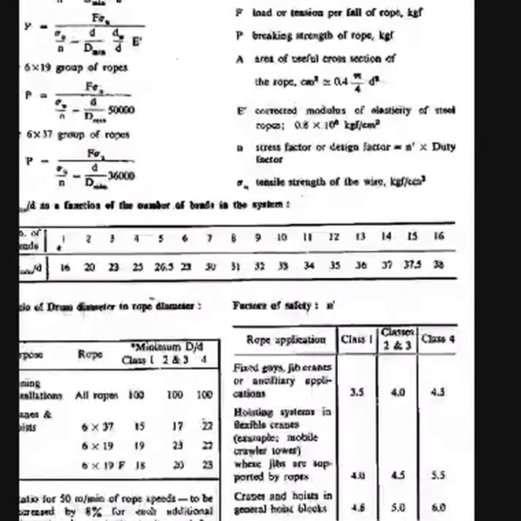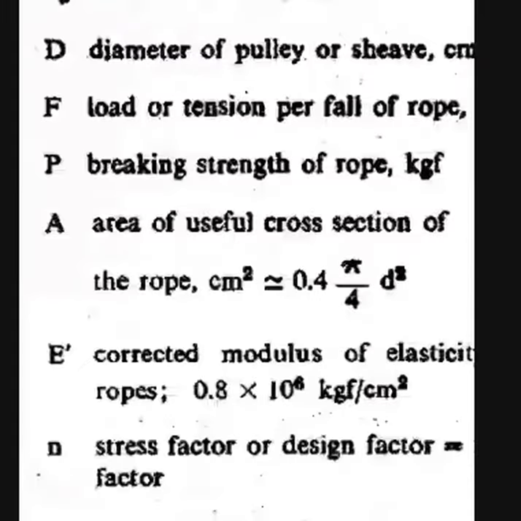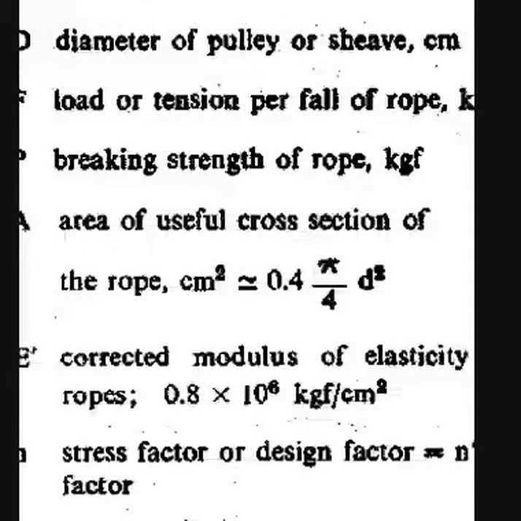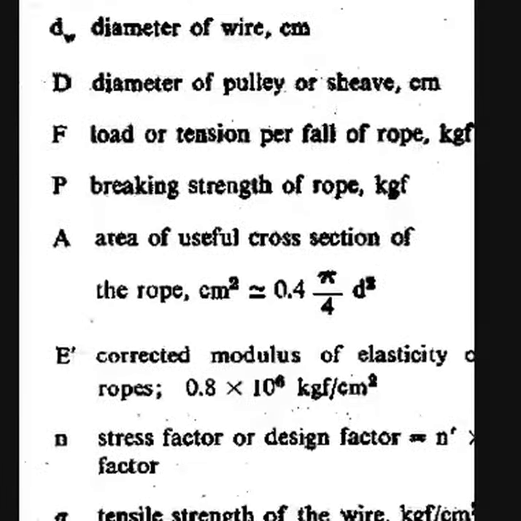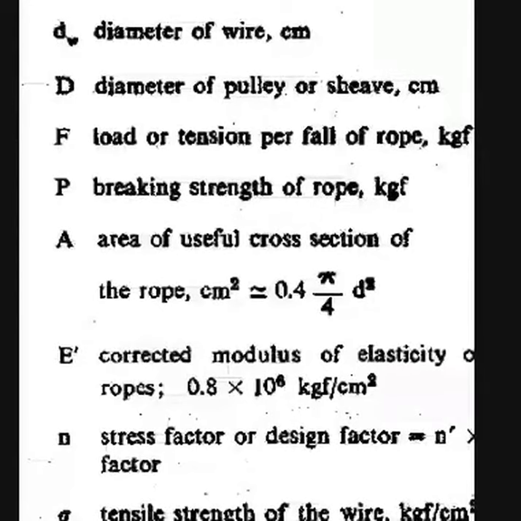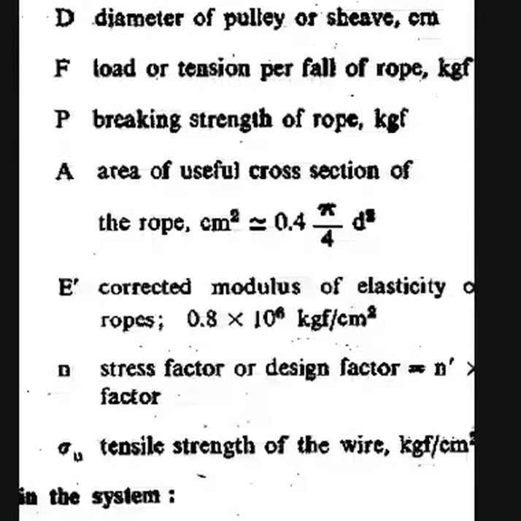What is that all about? Just see here: area of useful cross section of the rope in centimeter square, and that is equivalent to 0.4 times pi by 4 d square. And what do you mean by d? d is the diameter of wire rope in centimeter.